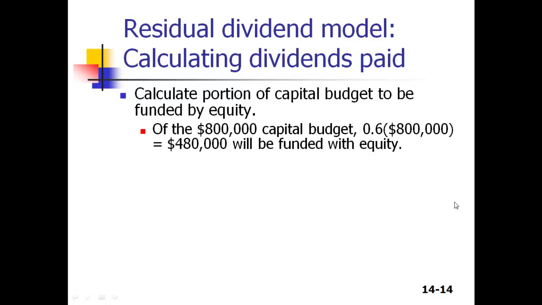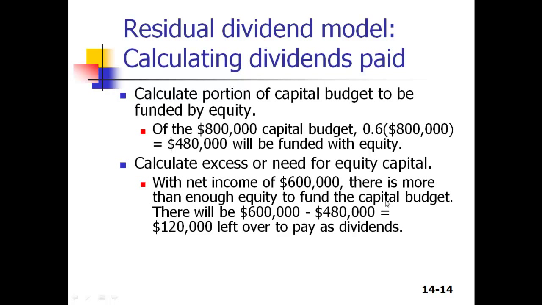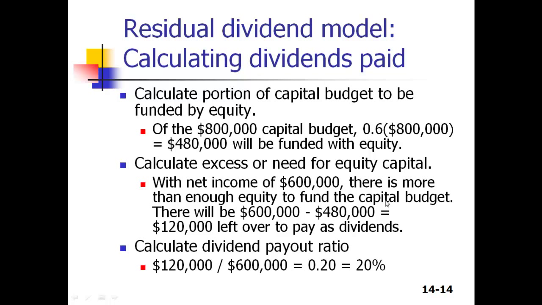This is what we just did. We calculated the 120,000. What's the payout ratio? In this particular case, the payout ratio is the dividend divided by the net income.